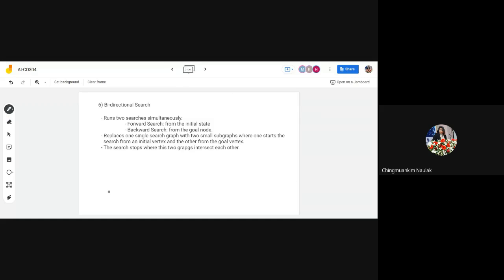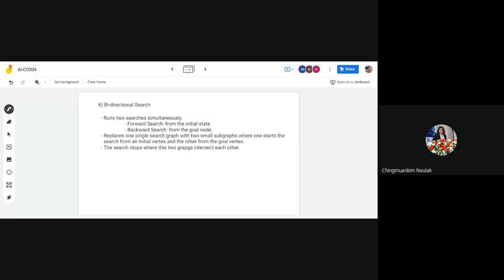So in bidirectional search, what are these two searches? These are forward search and backward search. For the forward search, it starts from the initial state, and for the backward search, it starts from the goal node, the goal state. And these two are done simultaneously.